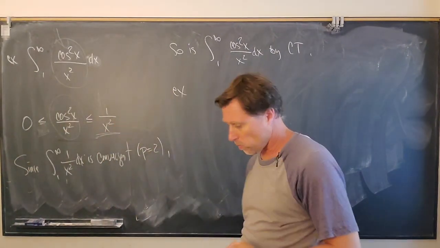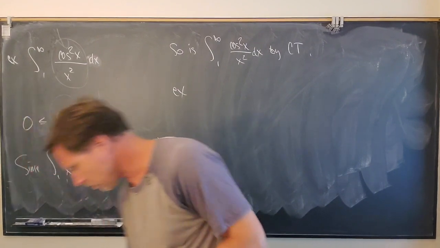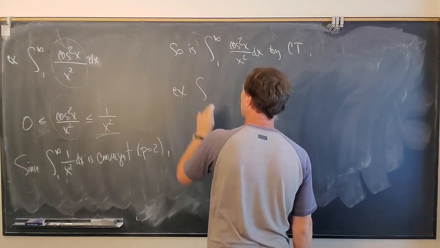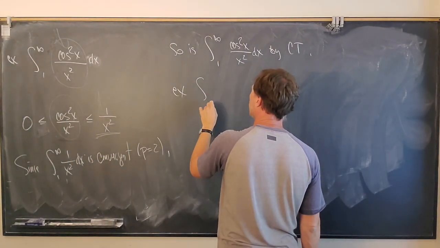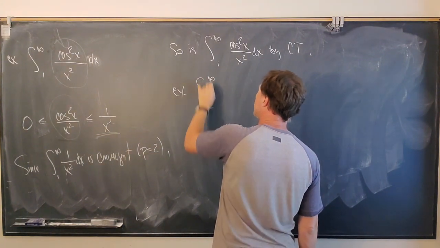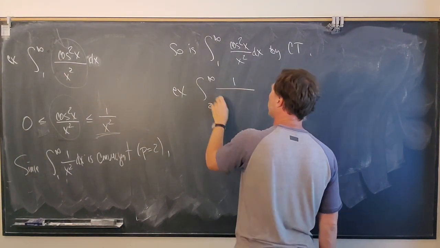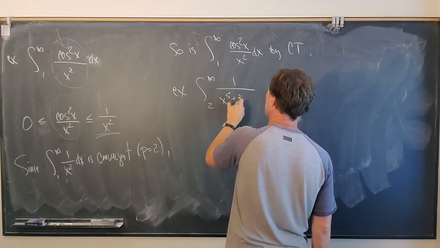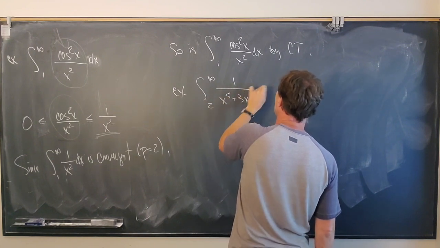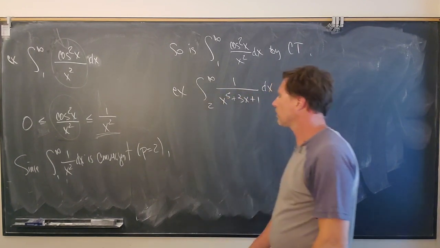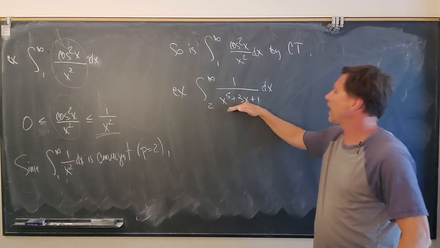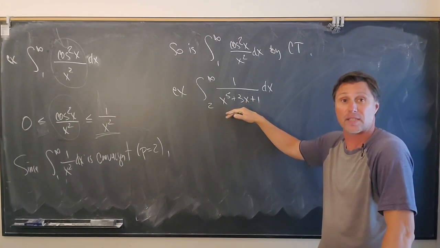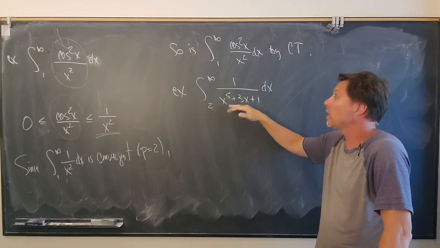So another example, let's look at the integral from 2 to infinity of 1 over x to the 5th plus 3x plus 1 dx. I absolutely do not want to have to integrate this, so I don't want to have to decide whether it's convergent or divergent directly.